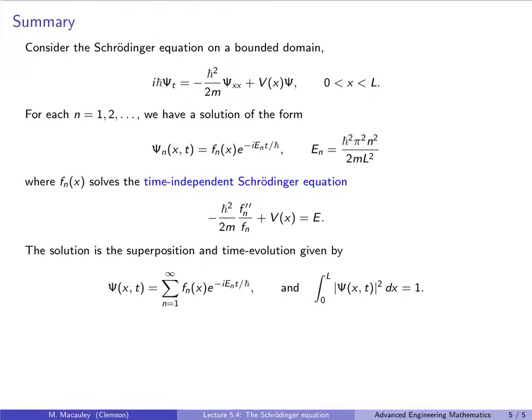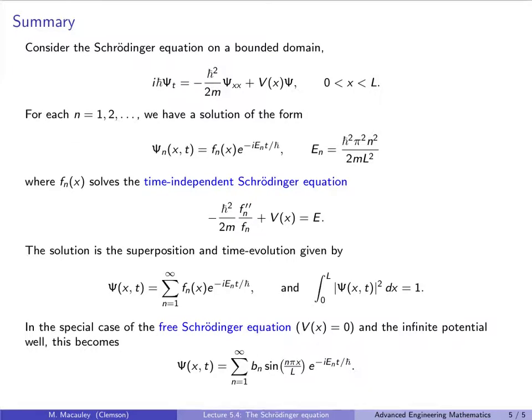And the solution to this original PDE is a superposition and time evolution given by something we've seen before, a function of x times a function of time. We also have this constraint that because this is a probability distribution, the norm squared has to integrate to 1 over the entire region, which in this case is just 0 to L.